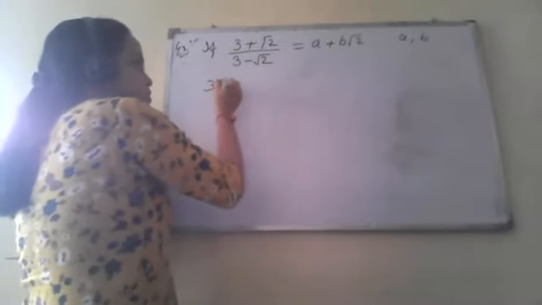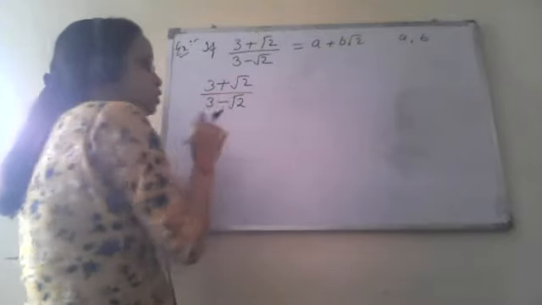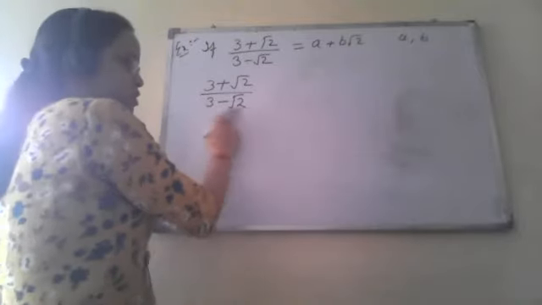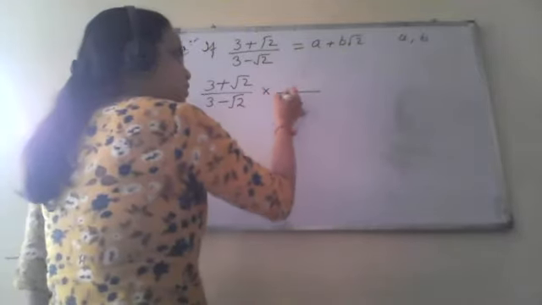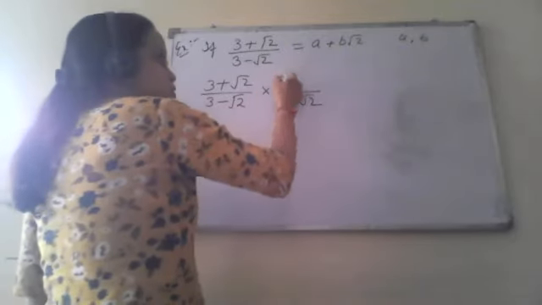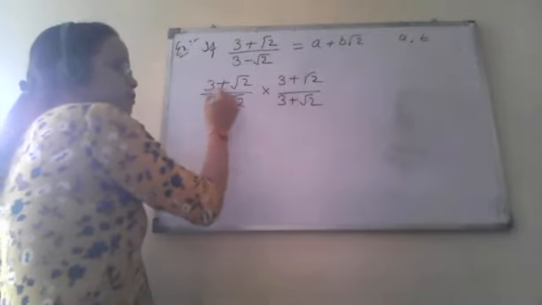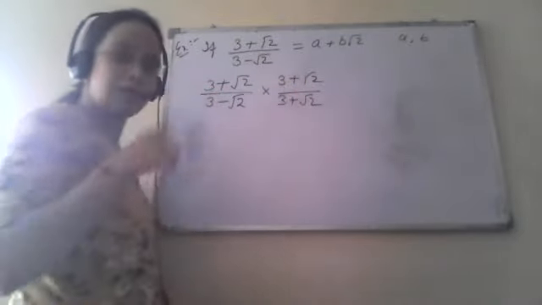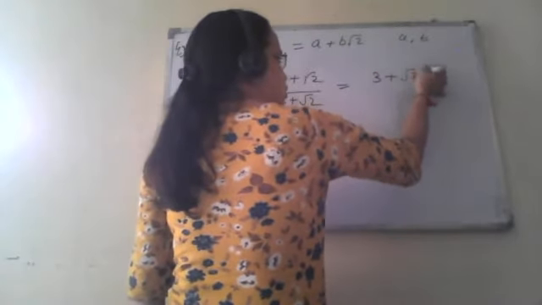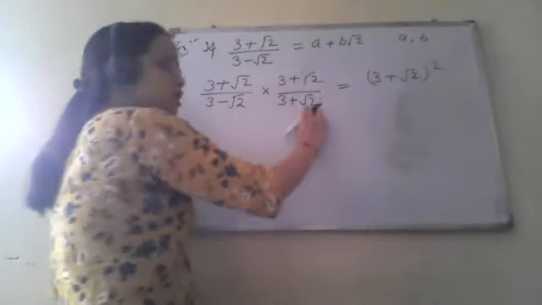This is 3 plus root 2 upon 3 minus root 2. So we have to rationalize the denominator. We have to multiply by its rationalizing factor, and its rationalizing factor will be 3 plus root 2. We have to write it with the opposite sign. Okay. So it is 3 plus root 2. So in the numerator it is a plus b into a plus b. It will become a plus b whole square. So this will be 3 plus root 2 whole square. In the denominator we have a minus b, a plus b.